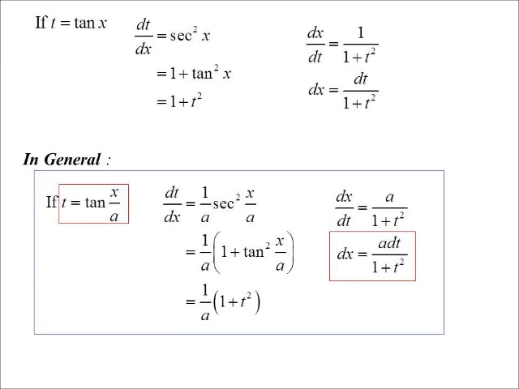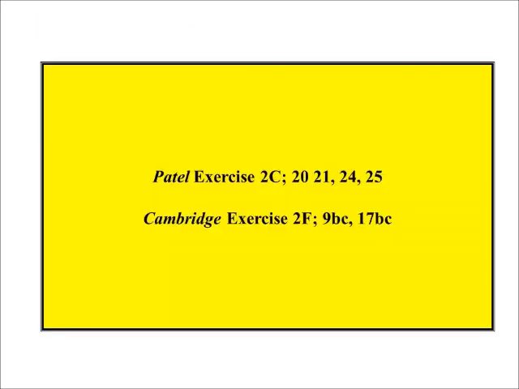So if it's x over 2, it becomes 2 dt. Just x then, it became 1 dt on 1 plus t squared, and so on. So it's just always going to be a dt on 1 plus t squared. Notice, whatever's on the bottom, that's that a dt. Okay, so that's just another technique when it comes to integration with trig.